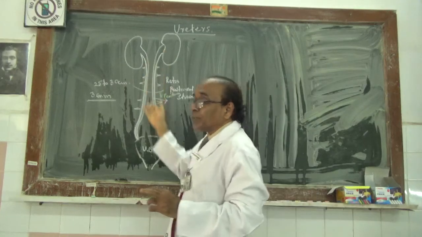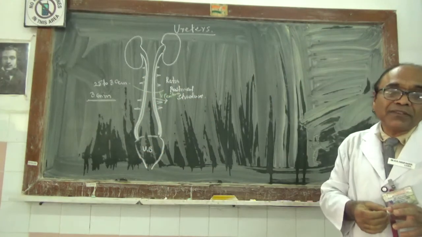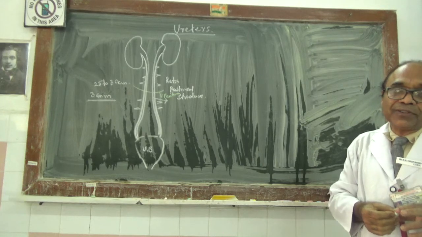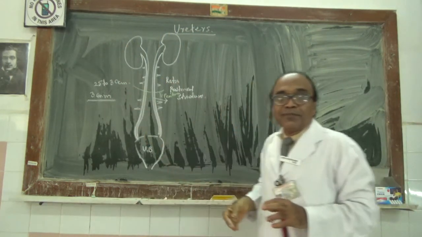The right ureter is a little bit lower than the left ureter because of the liver on the right side.